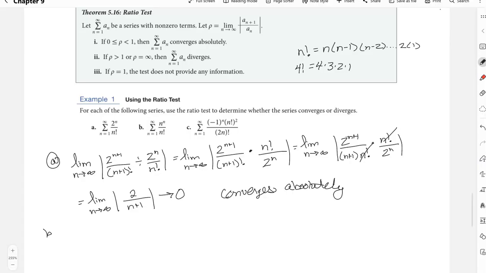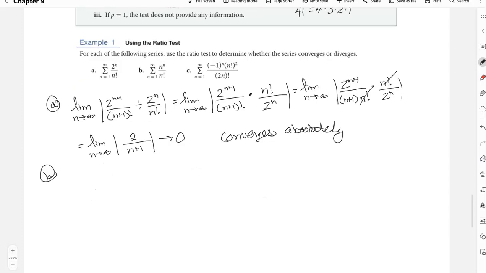Let's look at the next one, part B. We're looking at the sum from n equals 1 to infinity of n to the n over n factorial. So we're going to take the limit as n goes to infinity, absolute value. We're going to plug in n plus 1. So n plus 1 to the n plus 1 over n plus 1 factorial.